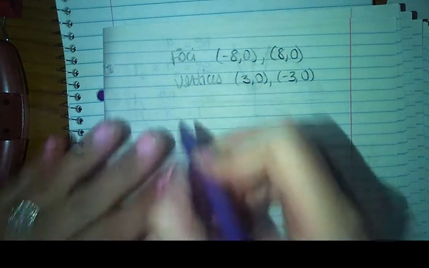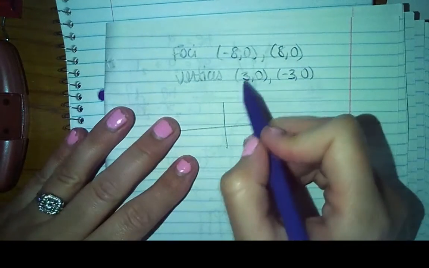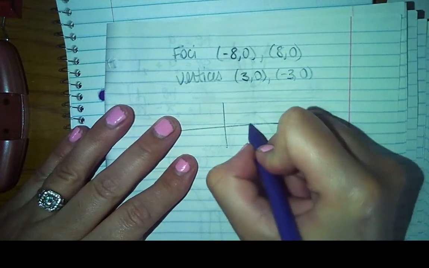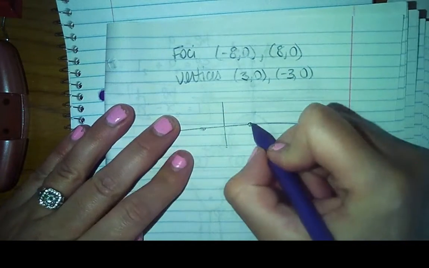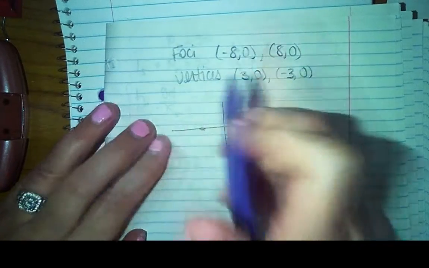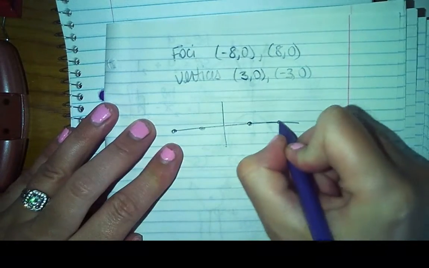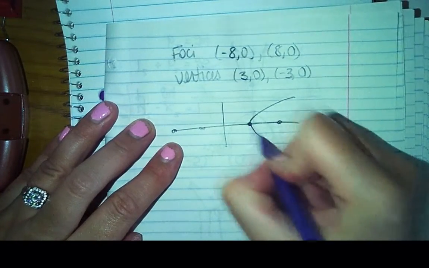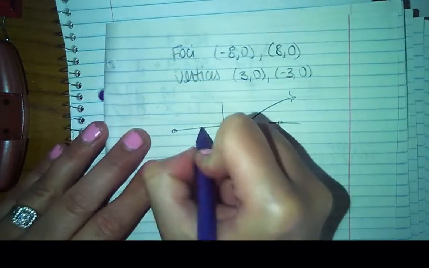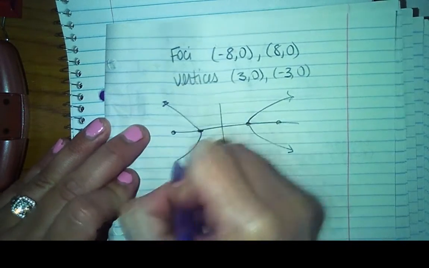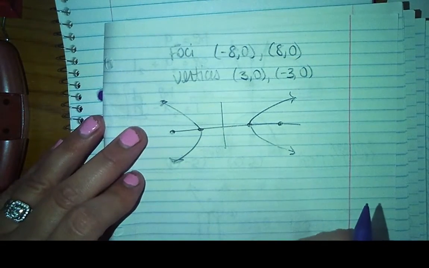So plot your vertices first. I went right 3, left 3. I know my foci are at negative 8, 0 and positive 8, 0, and the arms will hug the foci. So there we go. And now what is your standard form?